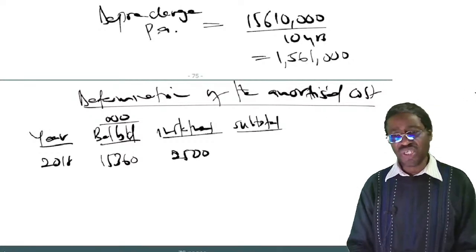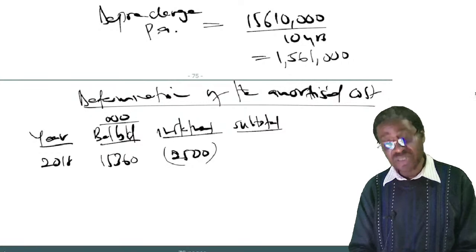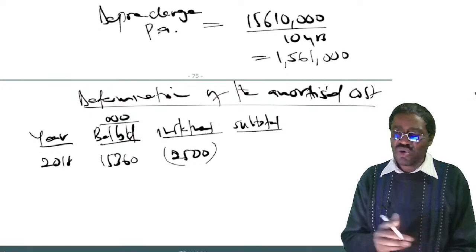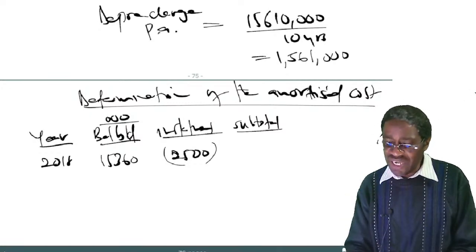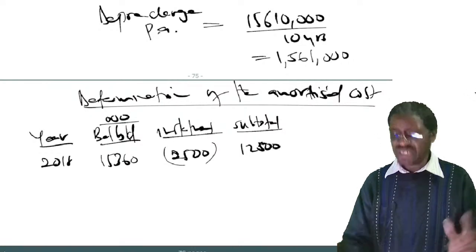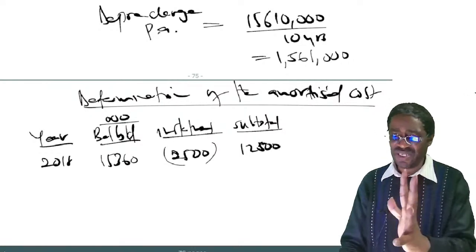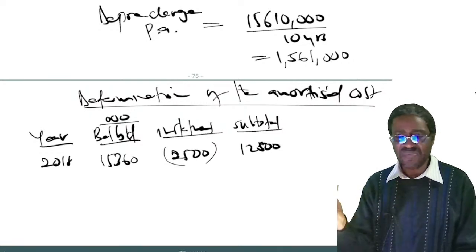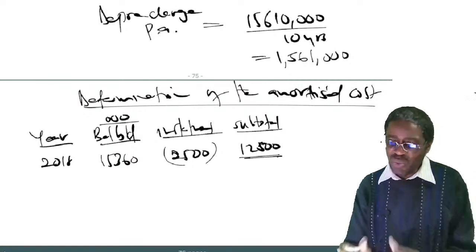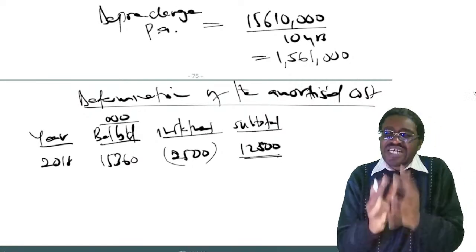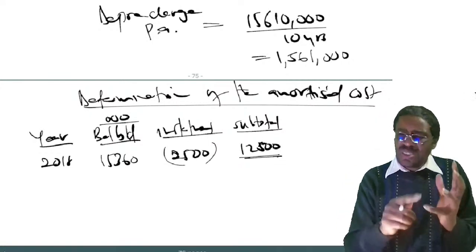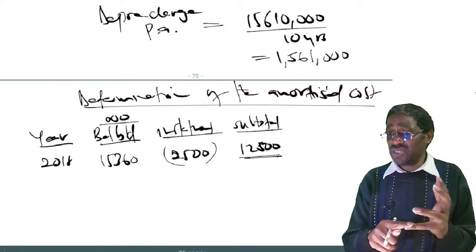You are paying 2.5 immediately, so you will remain with a liability of something like 12,500. I'm assuming 12,500, or 12,360, something of that nature. Then that 12,500 will be the liability as at the beginning, because on day one you have a liability of 15, sorry.